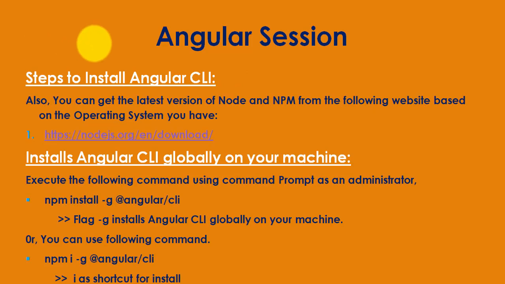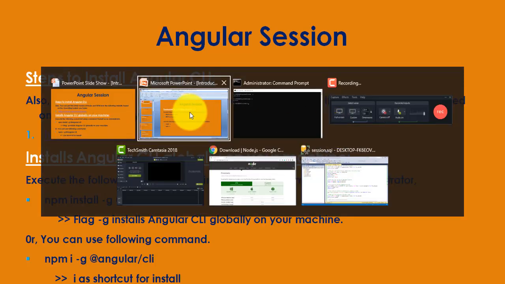You can get the latest version of Node and npm from the following website based on the operating system you have, so you need to click this link. I already have this link open for showing. If you want to install Node or npm according to your operating system, I will show you. So go to the browser here.